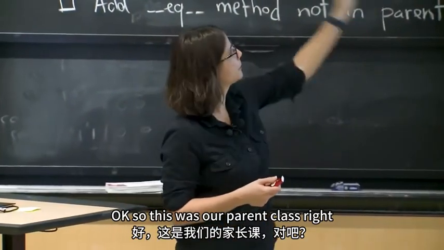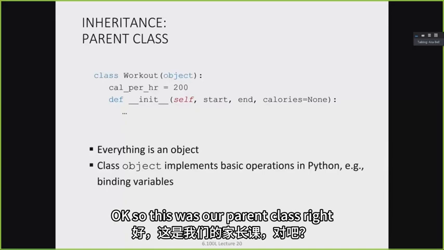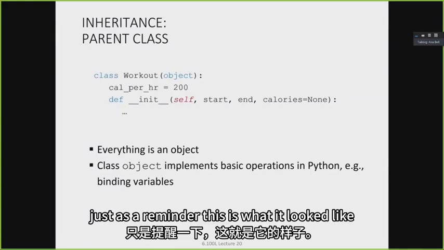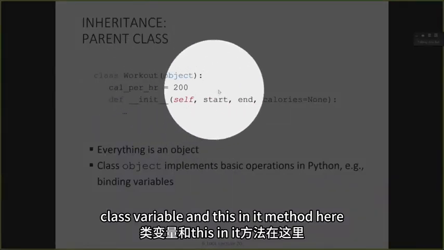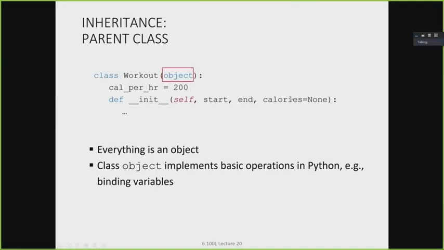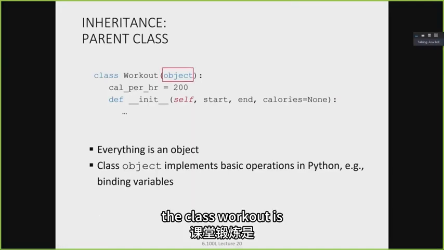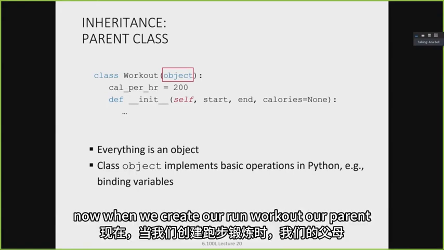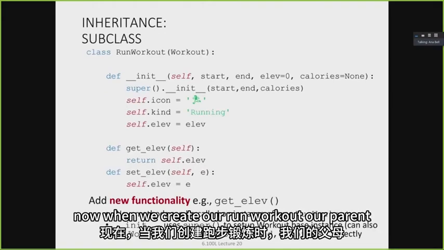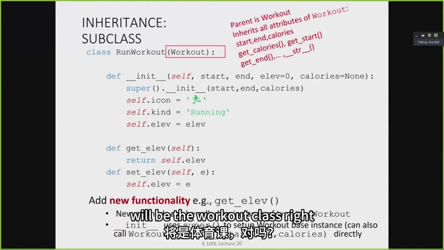Okay, so this was our parent class, right? Just as a reminder, this is what it looked like. We had our class attribute here, class variable, and this init method here. This class workout, their parent was the generic Python object. Now, when we create our run workout, our parent will be the workout class, right?